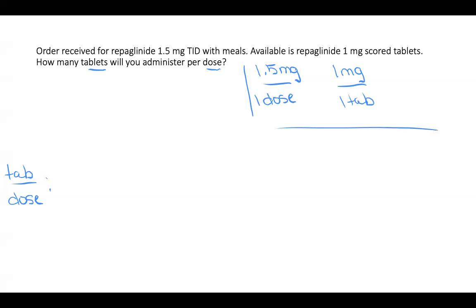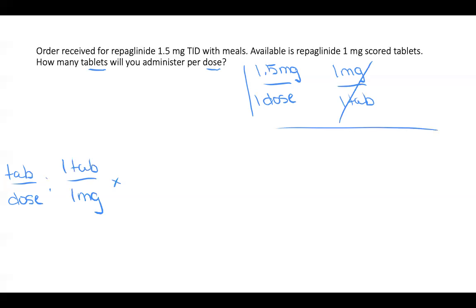So I need to come up to my box and find tablets. I have tablets right here, but it's not in the numerator. So I'm going to flip it. Remember, in our last video we talked about how we can flip anything we want in order to make it fit into our problem and follow our rules. So I'm going to flip that and write it as 1 tablet over 1 milligram. Then I'm going to cross it out.